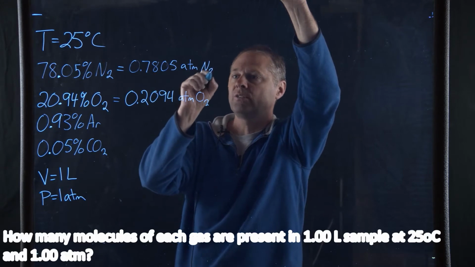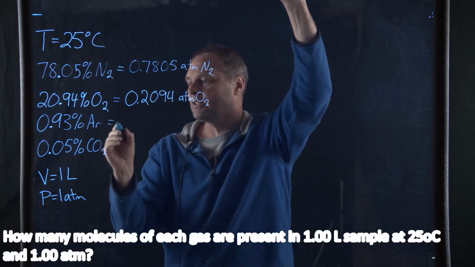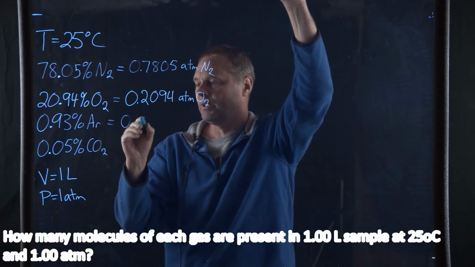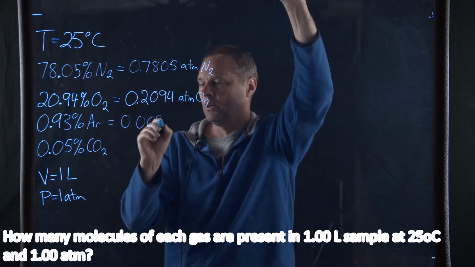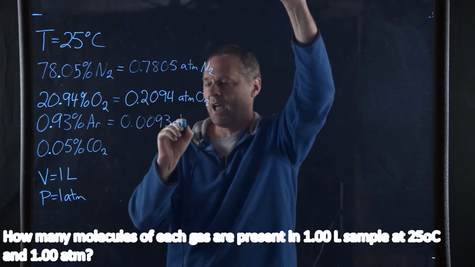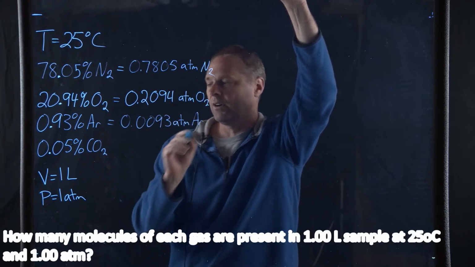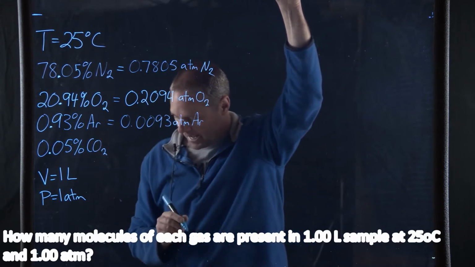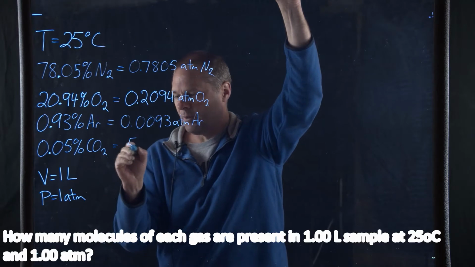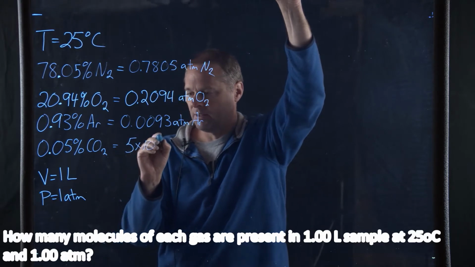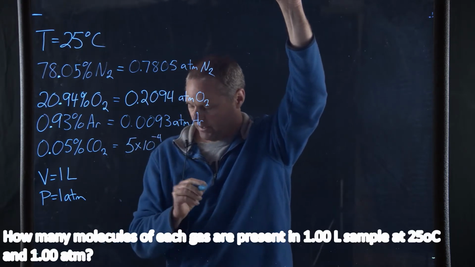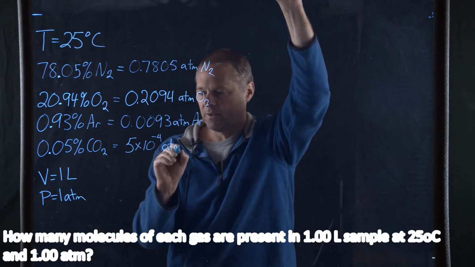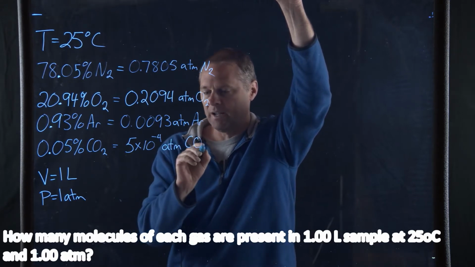Likewise, argon is going to be 0.0093 atmospheres of argon. I'm just simply converting the percentages to decimals. And this will be equal to 5 times 10 to the minus 4th of an atmosphere of carbon dioxide.